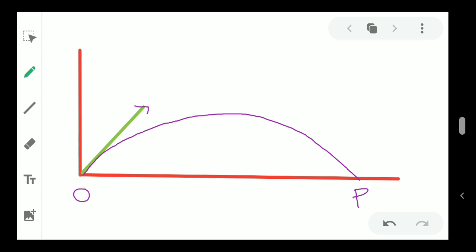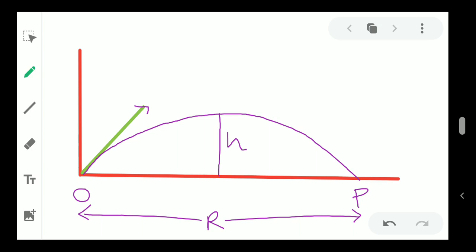If I say the total horizontal distance is r, this is the range of my missile, and the maximum height achieved, or the vertical displacement by the missile, is h.